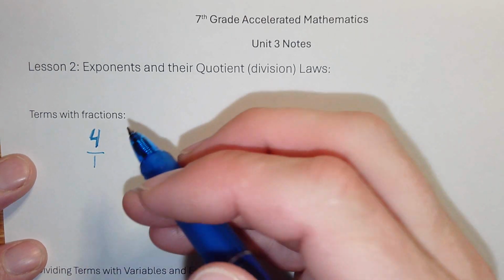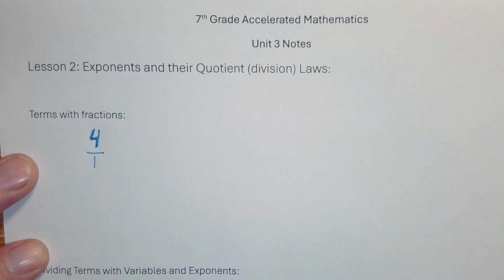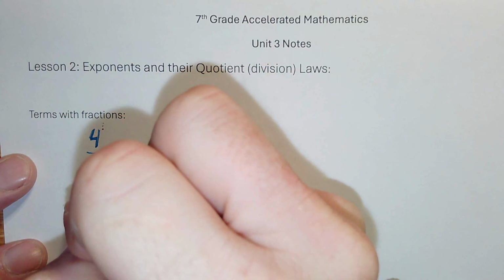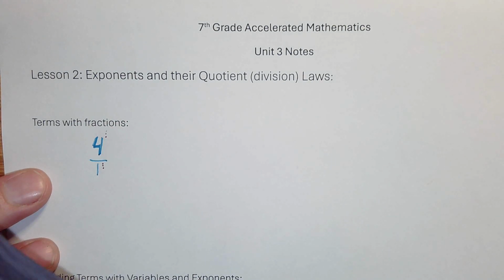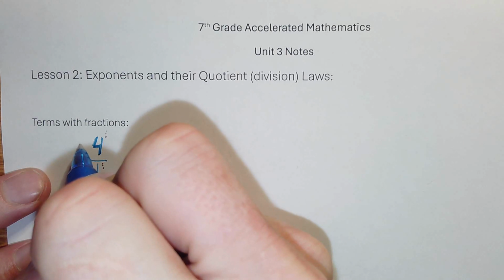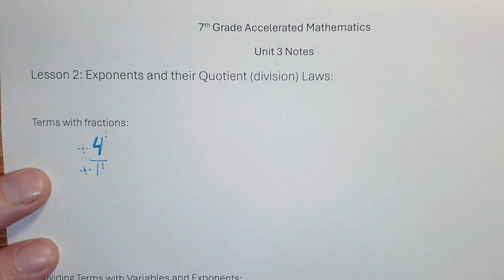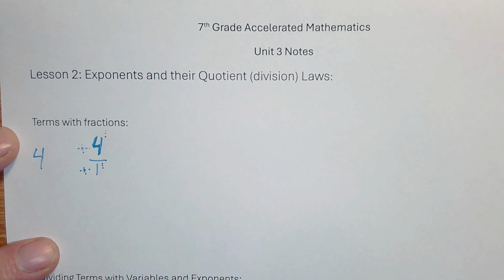We know the invisible exponent attached to this is a 1 over the 4 and a 1 over the 1. And since this is the first term, it has an invisible positive sign in both of those as well. But this is really just written as 4. There's a lot of omitted information there, right?